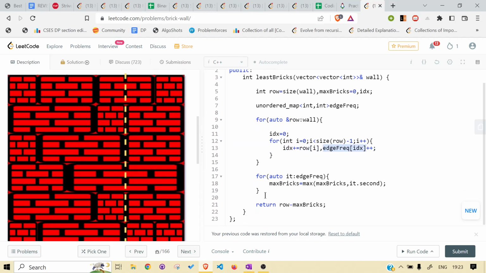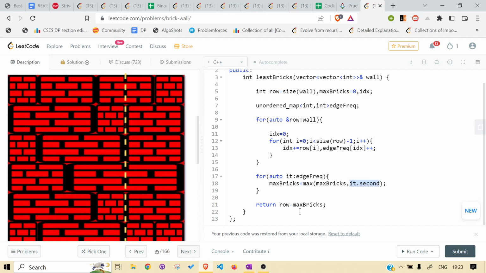After that we just calculate the max. As it's a map, not a normal vector, it's a container, that's why it.second, because a map has two entries. First is the key, second is the value. So that's very understandable.